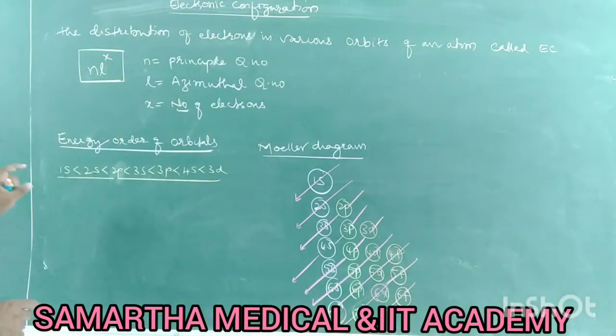So here now, electron first enters into the lowest energy orbital. There is a rule: electron first enters into a low energy orbital, then followed by high energy. So you need to remember this rule.